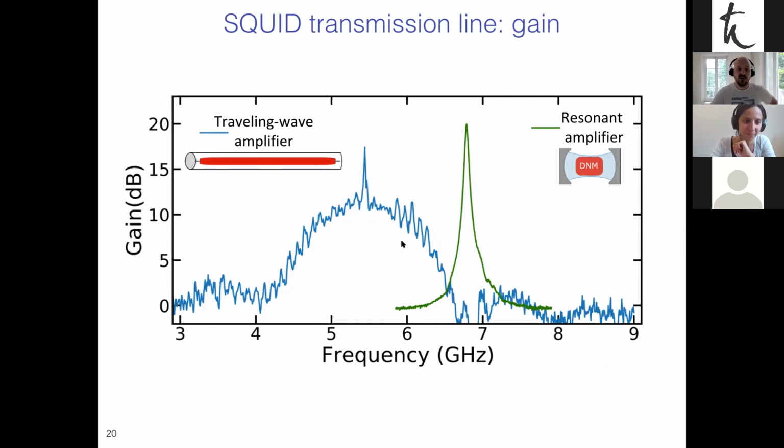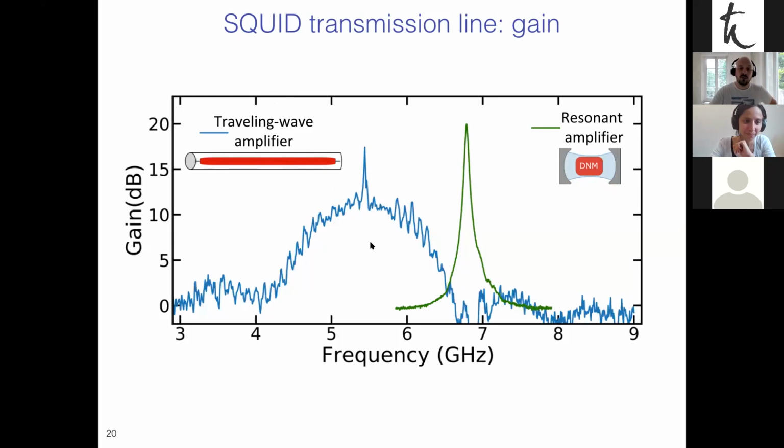You see that the bandwidth is orders of magnitude larger in the case of the traveling wave amplifier. But still, there is a flaw here. There is a little issue because, as I told you, we want a 20 dB gain. The problem is that we reach this 20 dB gain easily with the resonant amplifier, but we are very far from 20 dB in the case of the traveling wave amplifier.